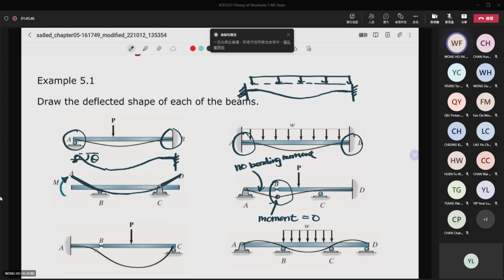If there's no bending moment, that means this is a straight part here. And then for here, it is a fixed support, so there will be no rotation and no deflection, and finally it will deform like that. And then the remaining part is a straight part. So you can see that this part will be deformed something like that, and then join at the hinge at B.